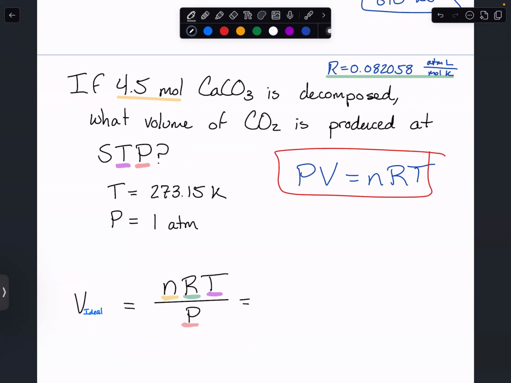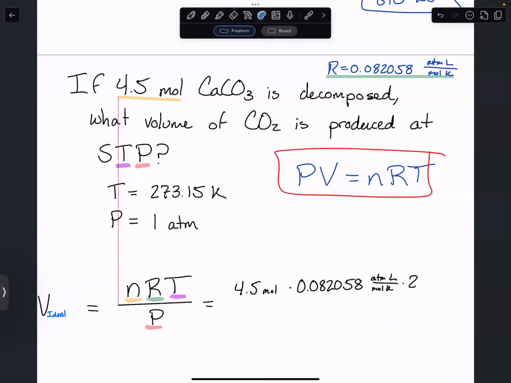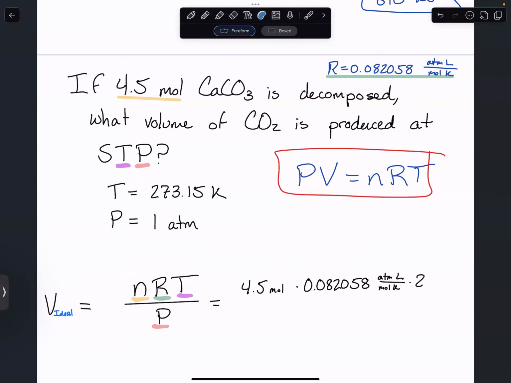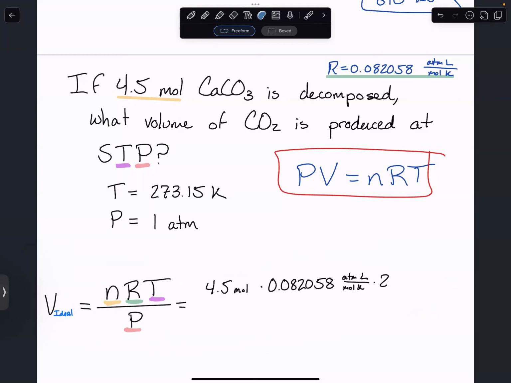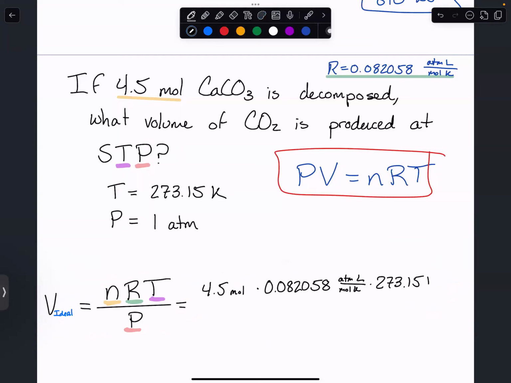Cool, so we're going to plug in here 4.5 moles times that value for R, times 273.15, divided by that pressure of 1 atm.